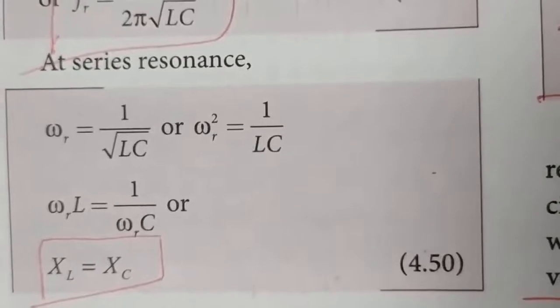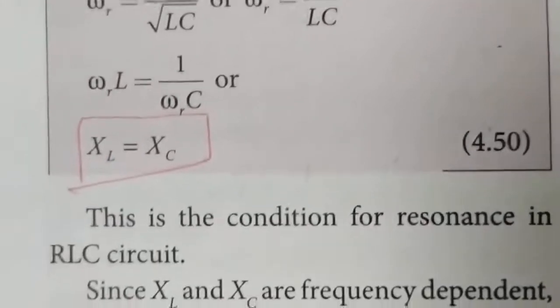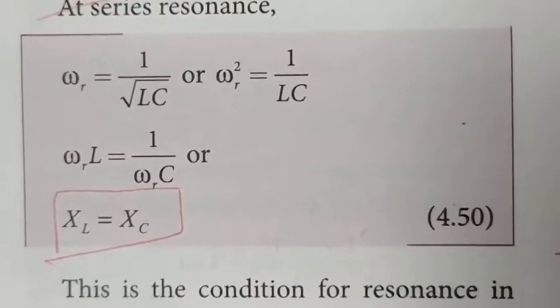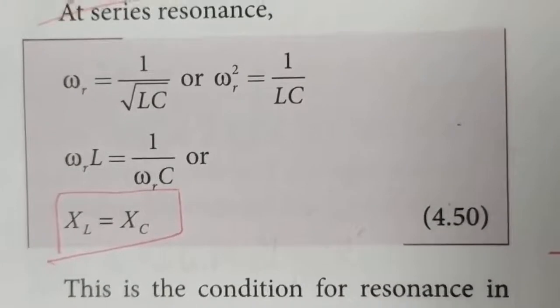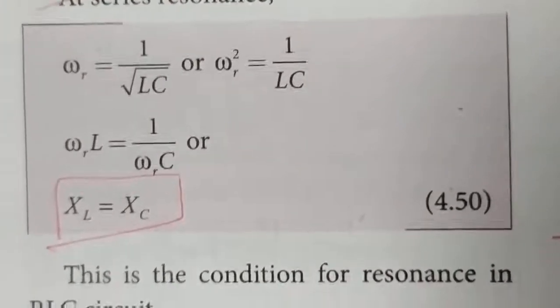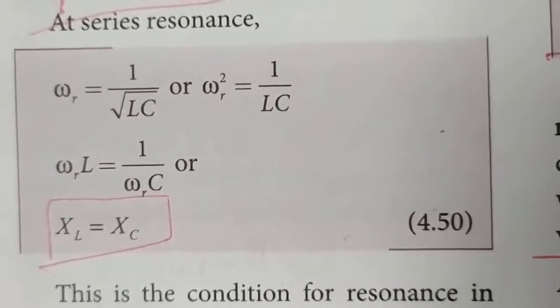So here when you square both the sides, omega r square is equal to 1 by LC, or you can write this equation as omega r L is equal to 1 by omega r C, and omega r L is XL and 1 by omega r C is XC. And you know XL is inductive reactance and XC is capacitive reactance.